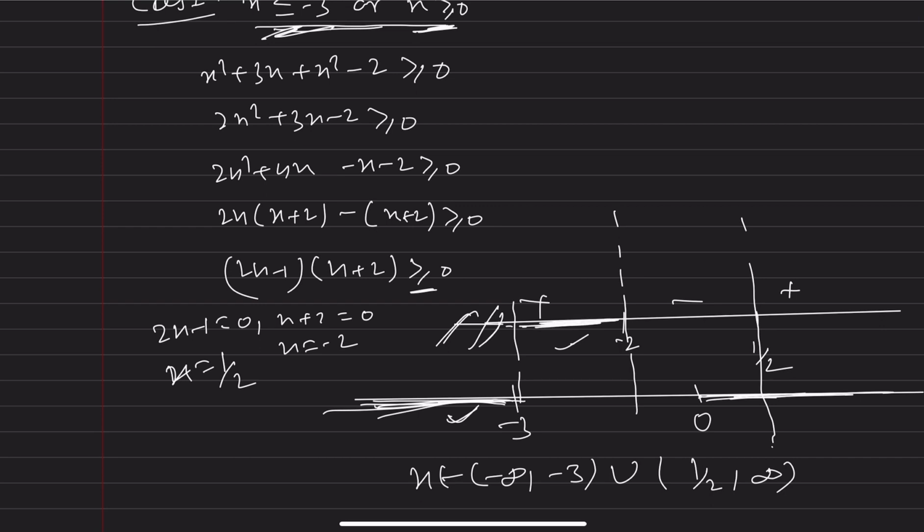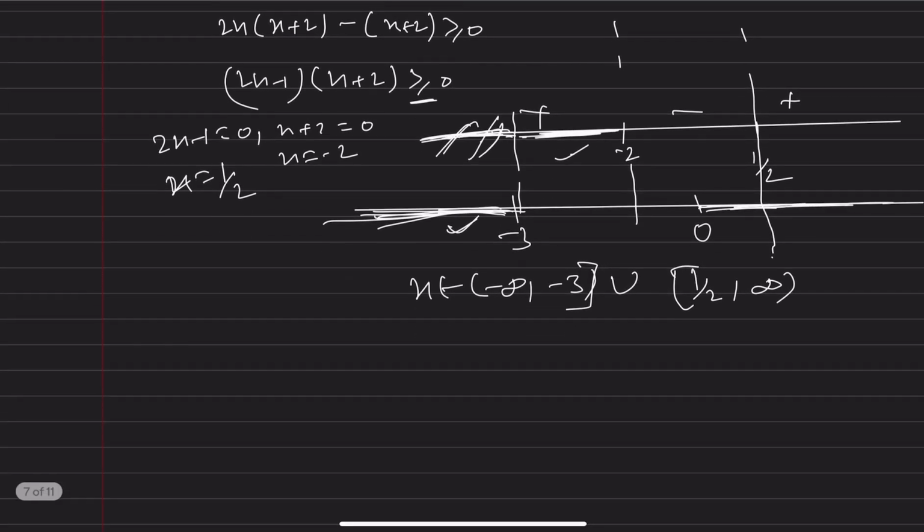In this case you have these as the solution, and we have to consider all the values which are common. Here we have to put the equal sign, closed interval, since there is an inequality sign, and also at minus 3. So this is going to be the required solution in the first case.